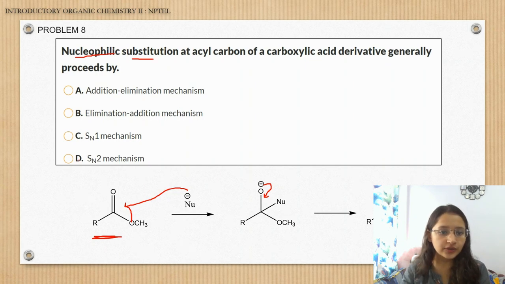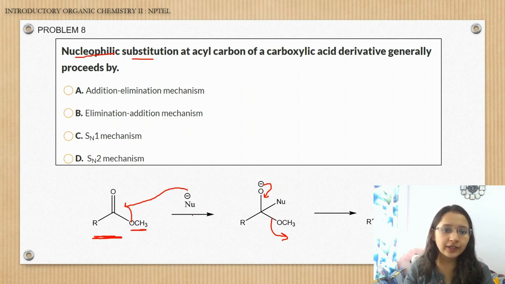This is the reactant. In the product, we have this displaced methoxy group. When this oxyanion comes back, the methoxy is knocked out, and after that this aldehyde is getting formed. So it's a ketone, whatever it is, depending on the nucleophile.